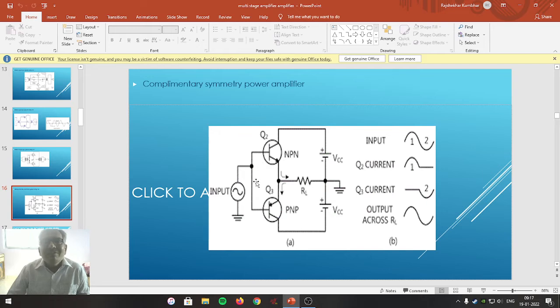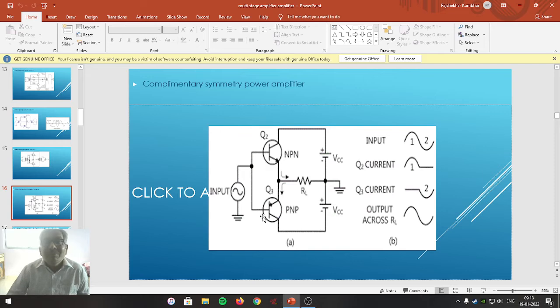Whereas simultaneously the negative half cycle is reaching the base of transistor Q3. But transistor Q3 is of the type PNP. Its base receives again a positive half cycle with respect to ground.